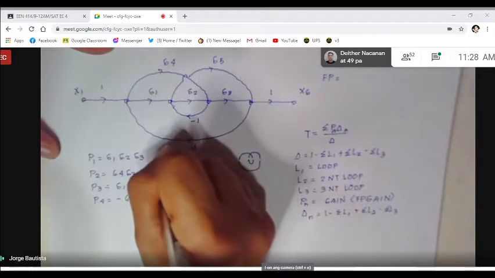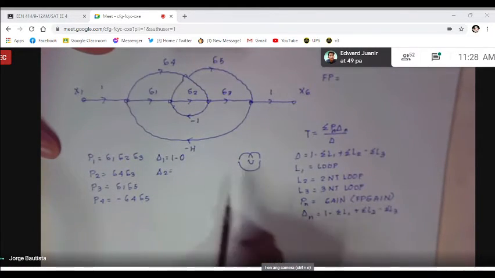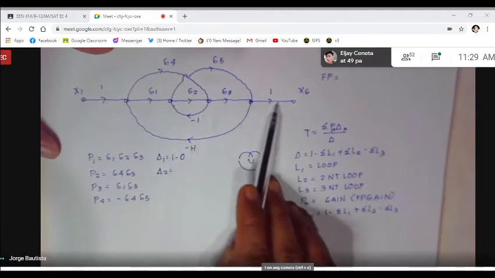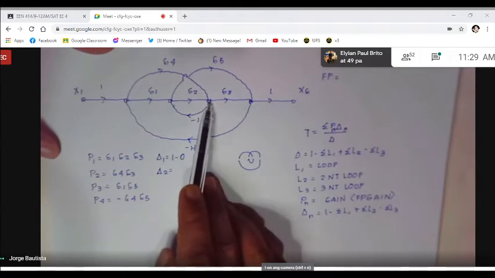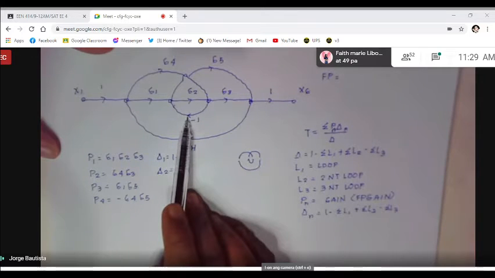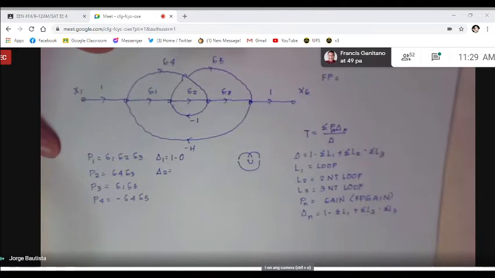Next, delta 2. G4, G3. Pag tinanggal ko to, open loop lahat din yan. Kasi pag tinanggal ko itong pin na to, malalaglag itong dalawang string na to. Hindi ako makakabuo ng closed loop. Okay, now, papakita ko sa inyo kung paano makakabuo ng closed loop.